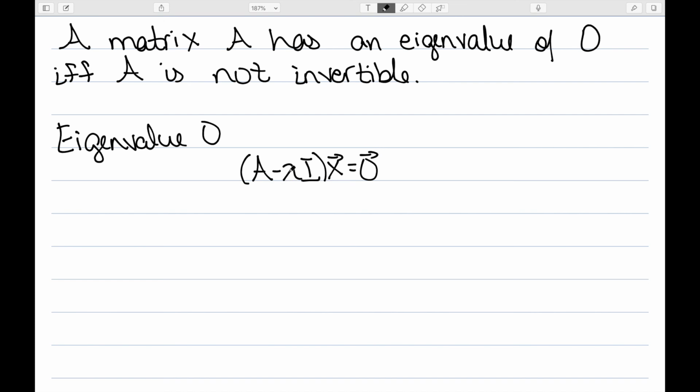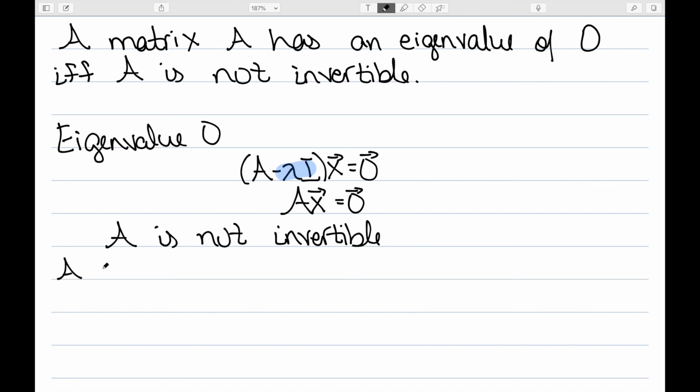Since lambda is 0, this whole thing is going to be Ax equal to 0. We know we must have infinite solutions to this by definition of the eigenvector. Therefore, A is not invertible. If it was, we would only have the trivial solution.